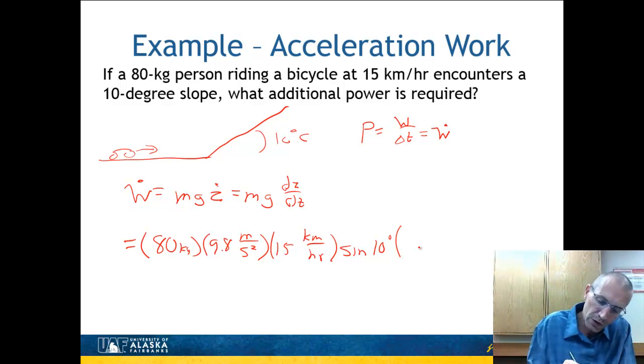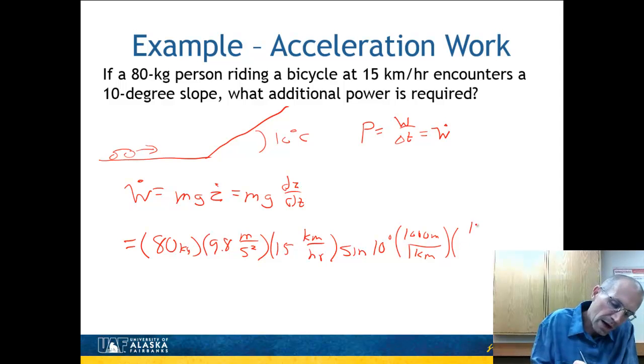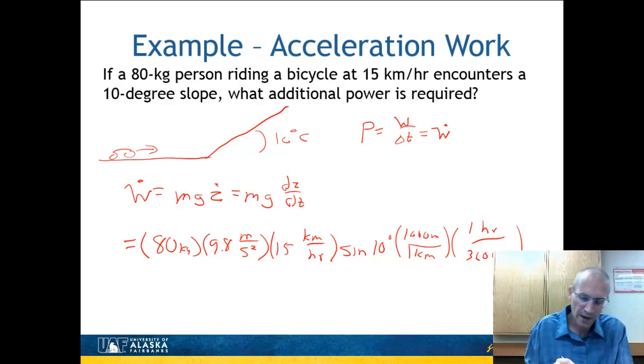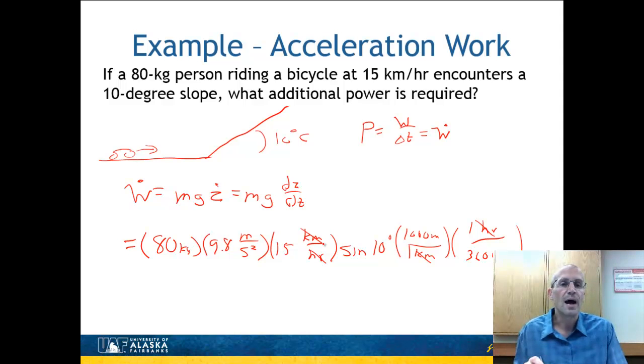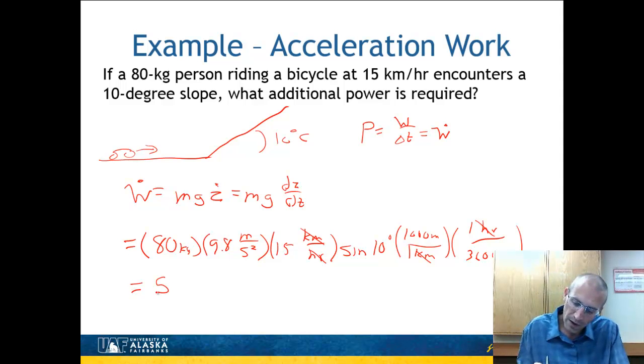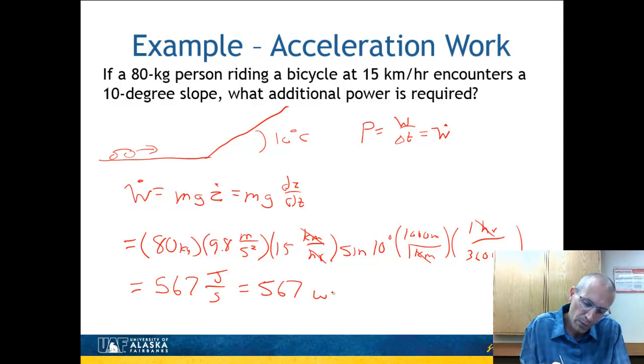And now let's convert our 1 kilometer into 1,000 meters, and our 1 hour into 3,600 seconds. So our hours cancel, kilometers cancel, and what we're going to end up with now is units of joules per second. And if I multiply this, I find out this is 567 joules per second, or 567 watts.